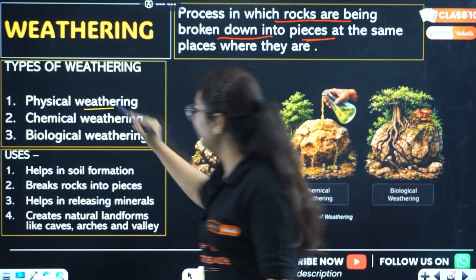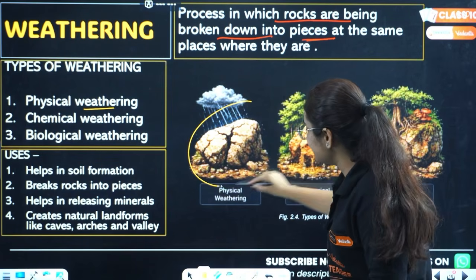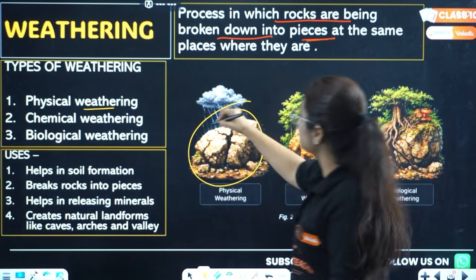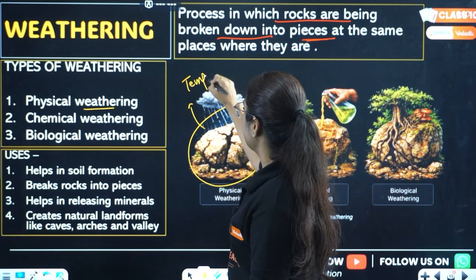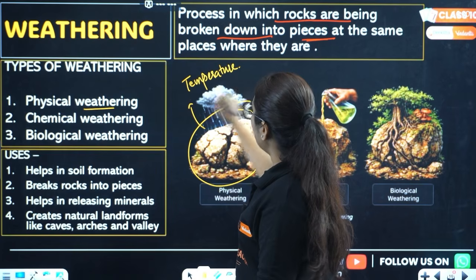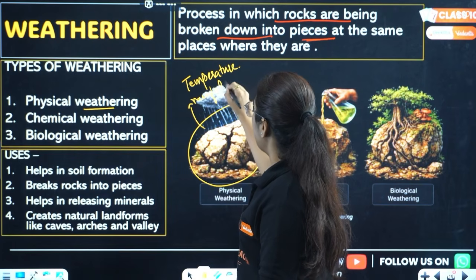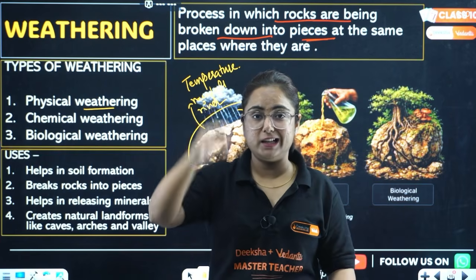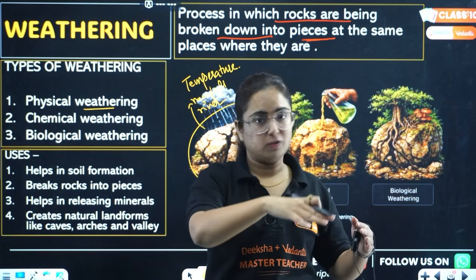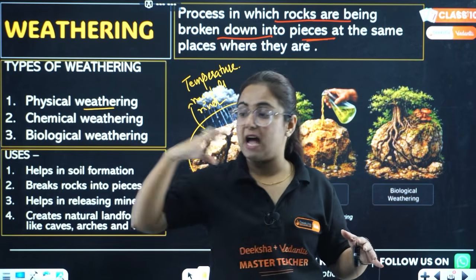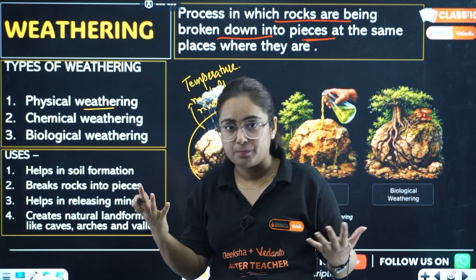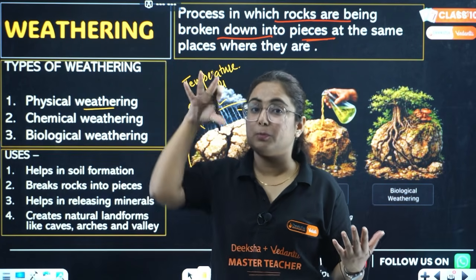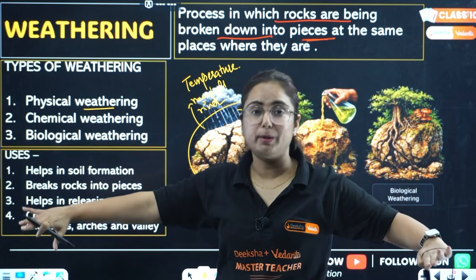First is physical weathering. Like, see, this is a rock on its place, which, just because of an increase in temperature, or because of rainfall, or because of the action of a river, breaks. Whenever a river is flowing, and on the corner side there is a rock, every time the river flows with speed and pressure, it puts pressure on the rock and it gets separated into two parts.